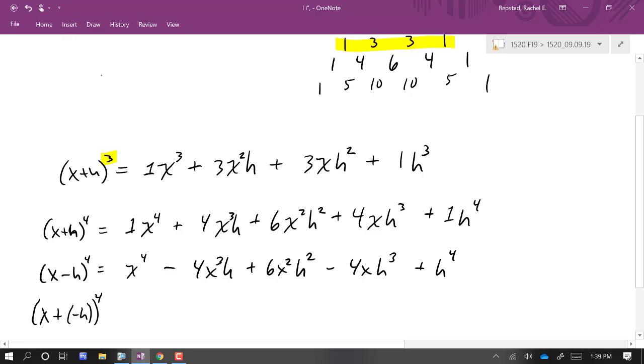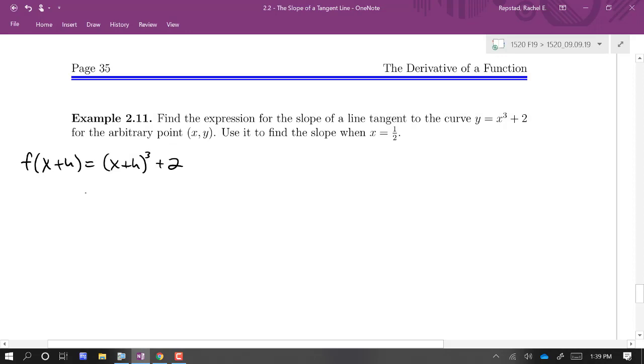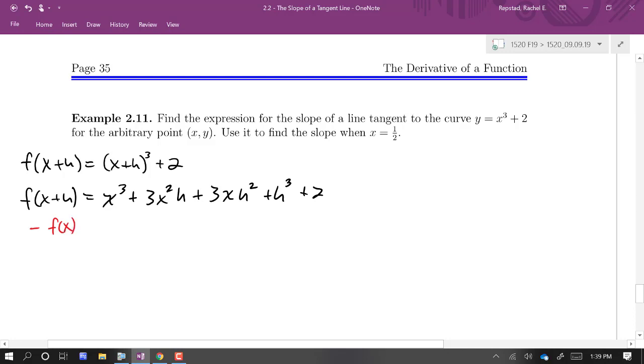Okay, so now let's return to that example. So x plus h cubed is x cubed plus 3x squared h plus 3x h squared plus h cubed, plus 2. And so if I want to find f of x plus h minus f of x, I'm going to just subtract f of x.